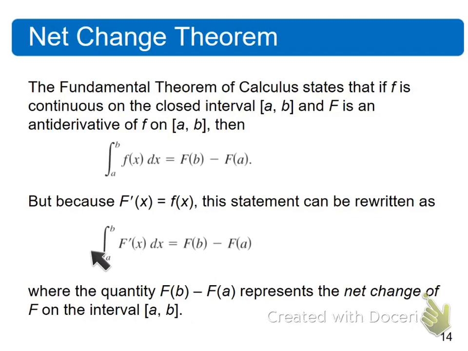So I want you to think of it in terms of velocity, guys. The antiderivative of velocity, which is the derivative of position, takes me back to position b minus position a. So that's what we mean by net change, position minus position. Okay?